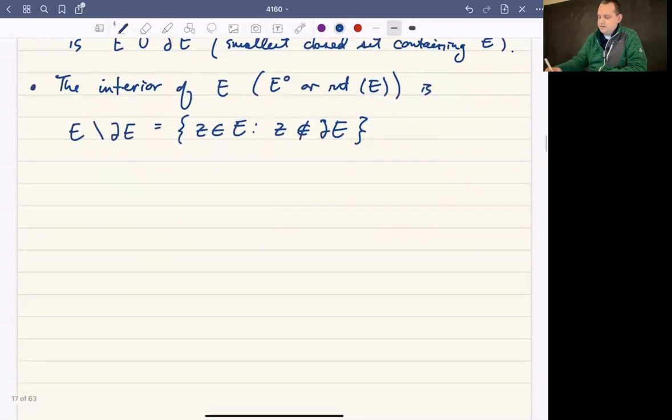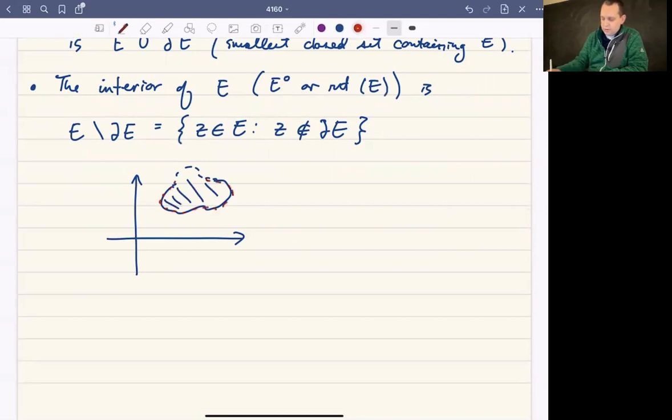Okay, so that's the interior of E. So again, if you were to draw some maybe half open, half closed set, the interior would be nothing on the border and everything in the set. Okay, so that would be the interior of the set E. Hopefully that picture makes a good amount of sense.